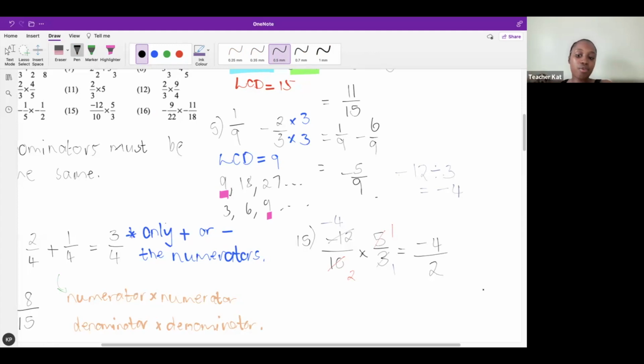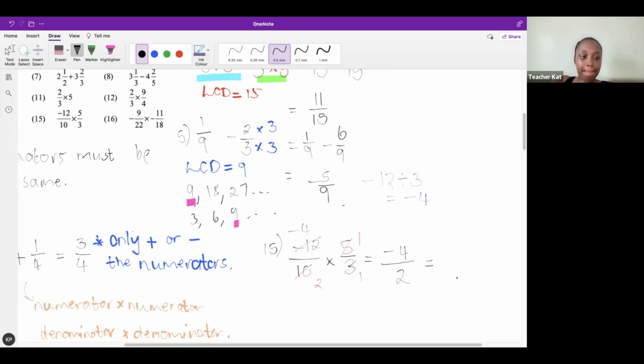We have a -4 divided by 2. Yes, we can. How do we simplify this fraction, guys? A negative and a positive give you what? Nice. I saw Wade give me my answer there. They give you a negative, and then 4 divided by 2 is 2.